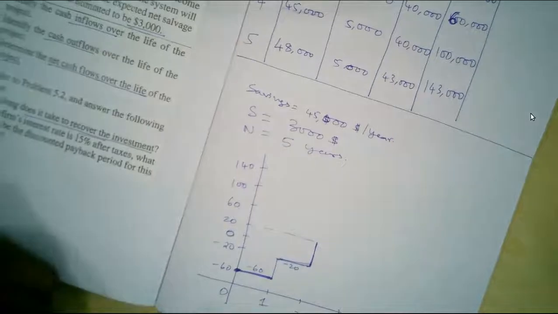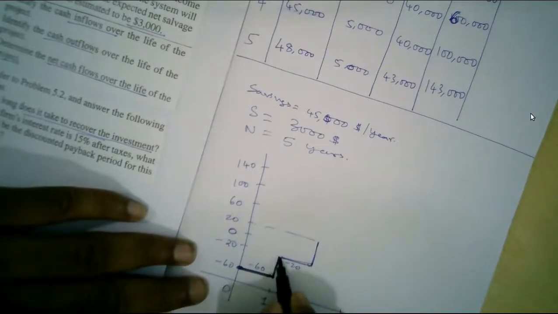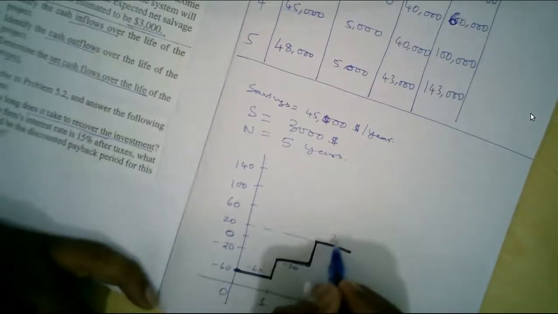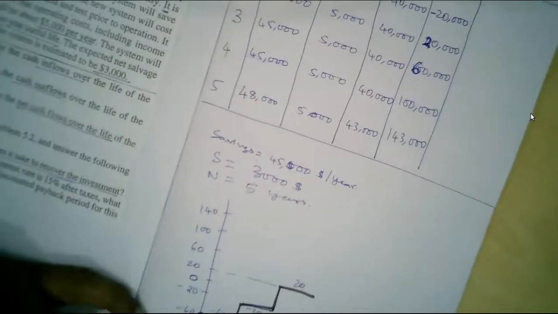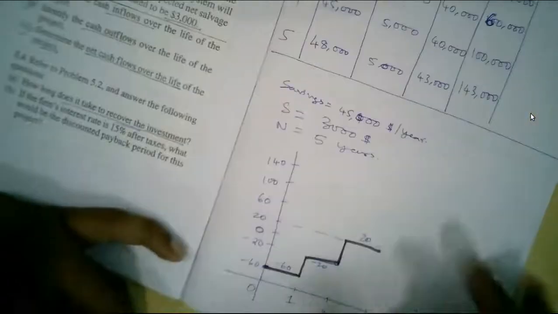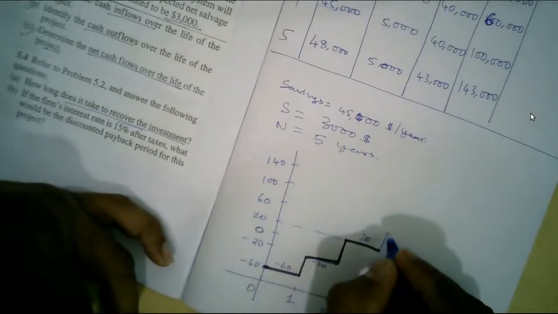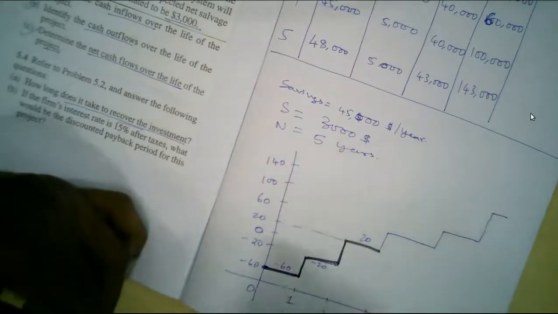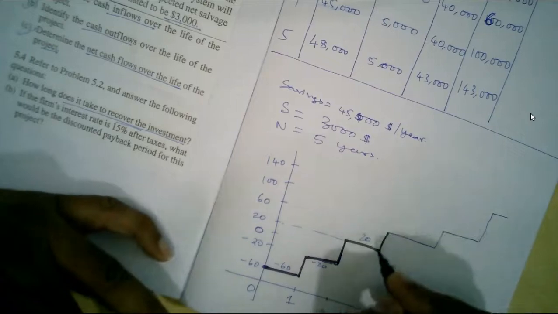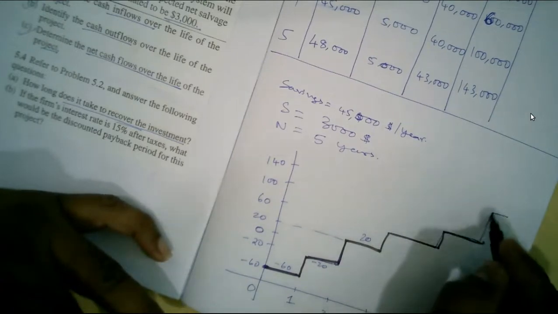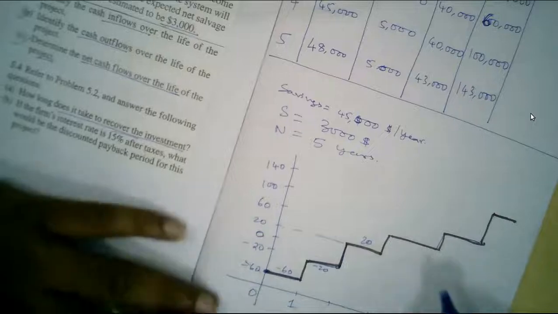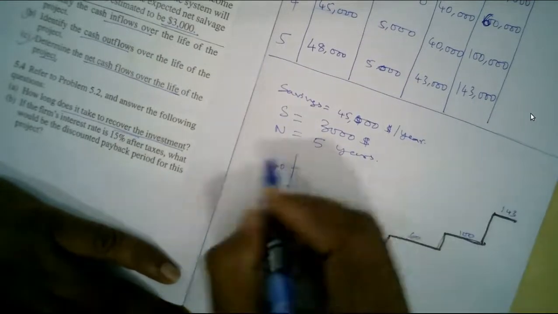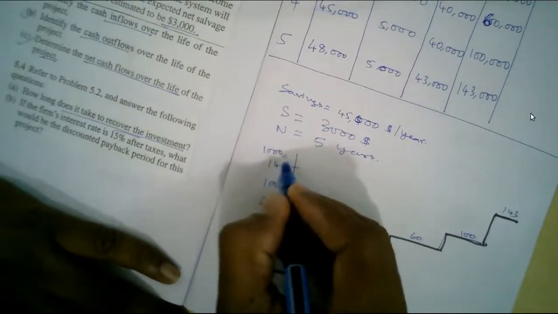Let me take a sketch pen. And it will go 60, 100, 143. So this chart is in thousands of dollars.